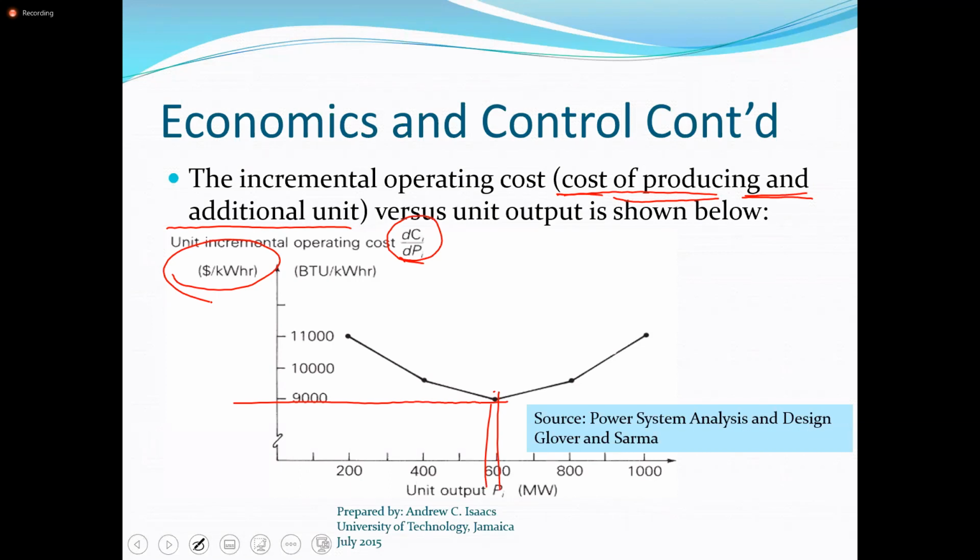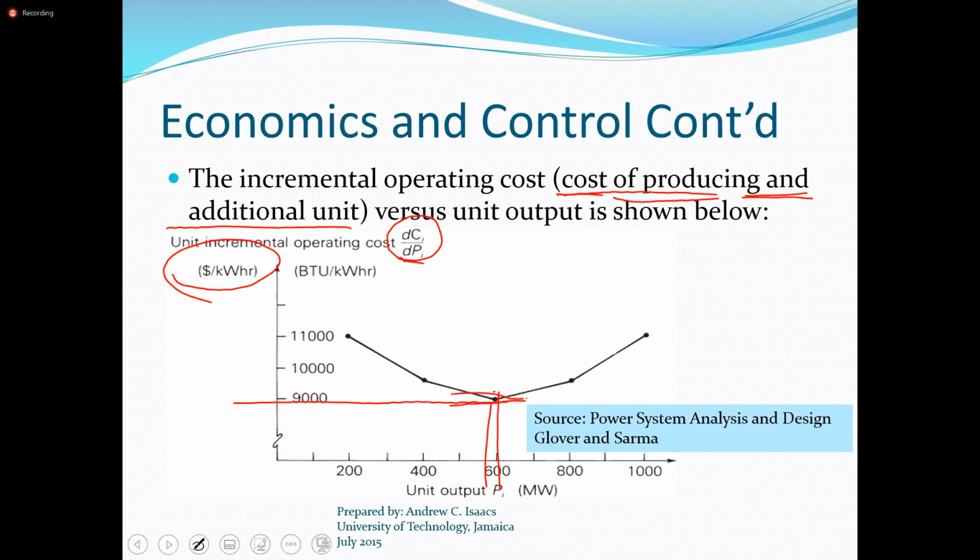But we know that this is at the turning point, and at that turning point, our unit would be operating at its highest level of efficiency. That's the lowest point on our curve, telling us that at that point, the unit will be at its most efficient.